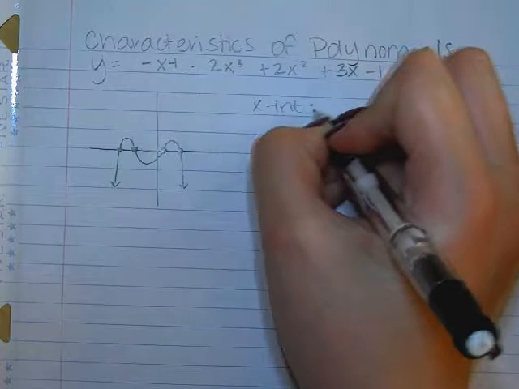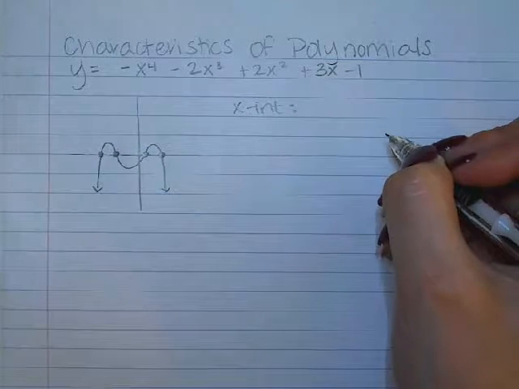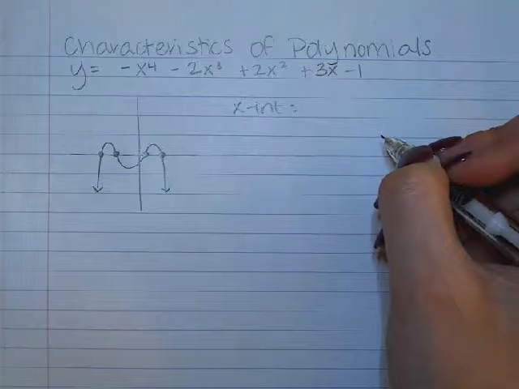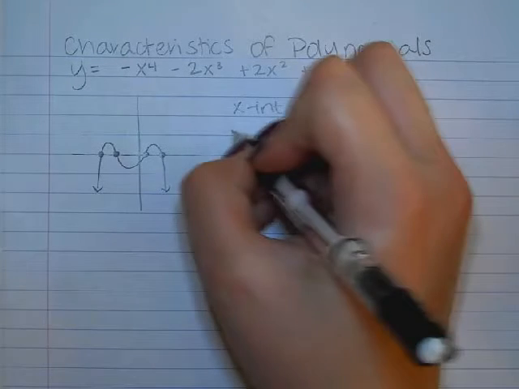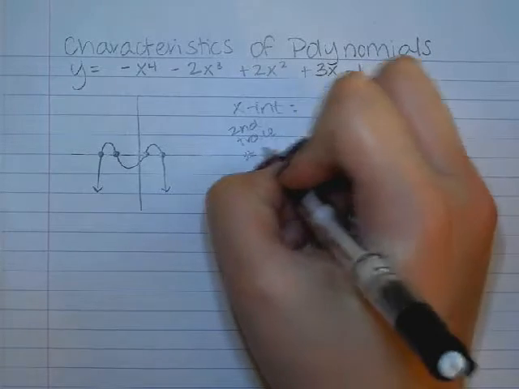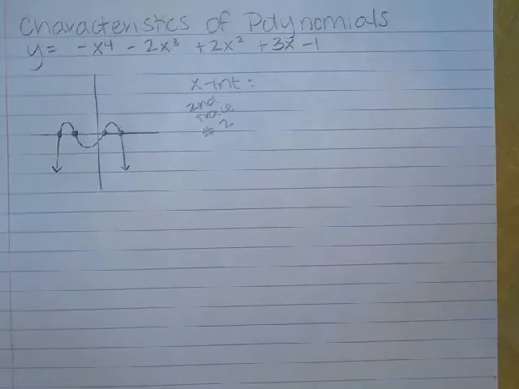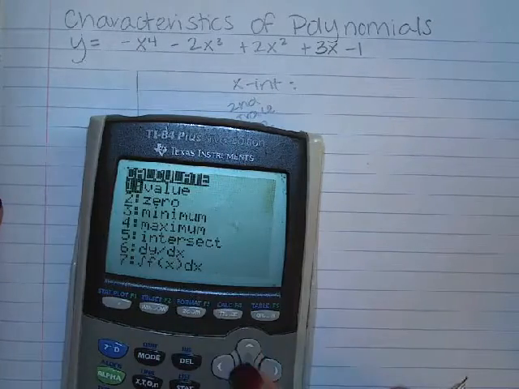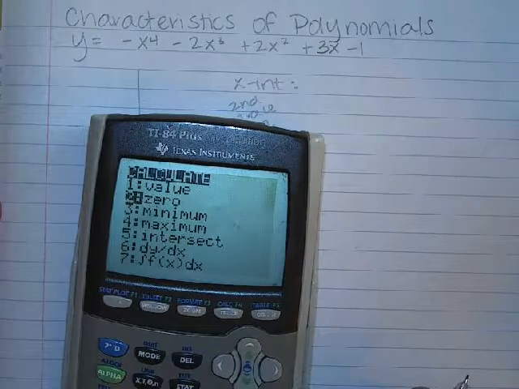Can somebody remind me how we find X-intercepts? Second trace, 0. So we're going to do second trace number 2. We're going to do left bound and right bound for all of these. So second trace, option number 2.